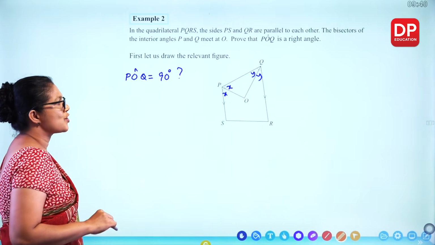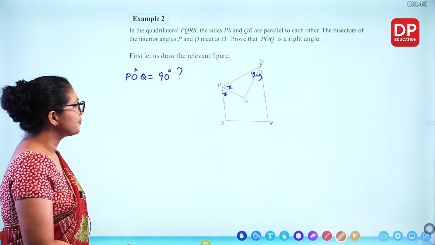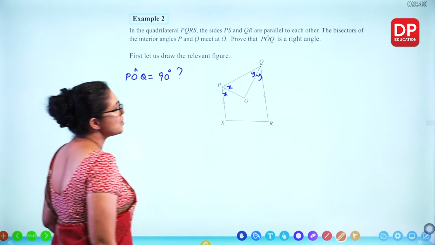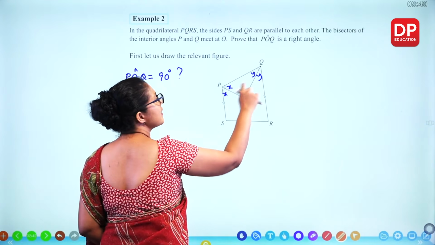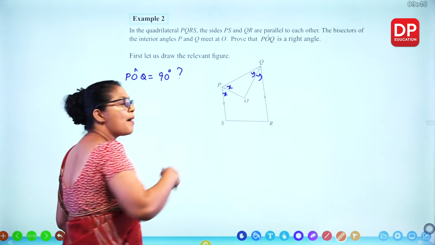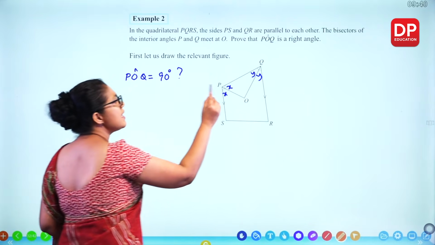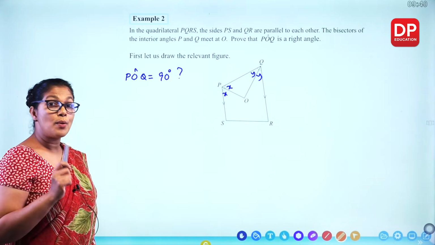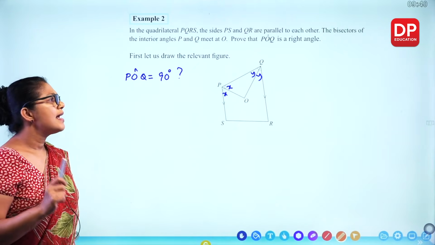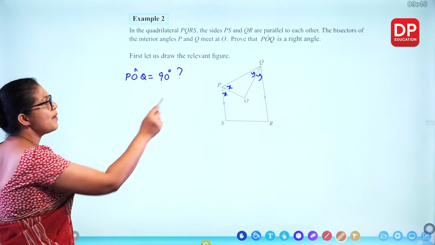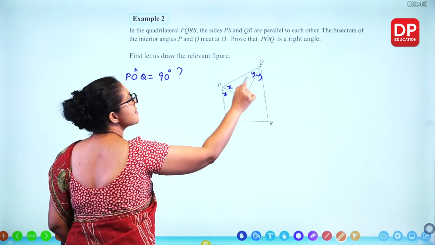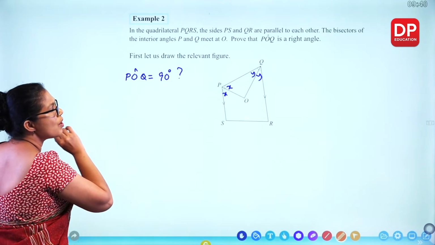That's our question. So here when you look at the diagram, what can you say about these two angles? These two lines are parallel. Interior angles in between parallel lines add up to 180 degrees. So here we can use that information to find out this plus this is equal to 180.